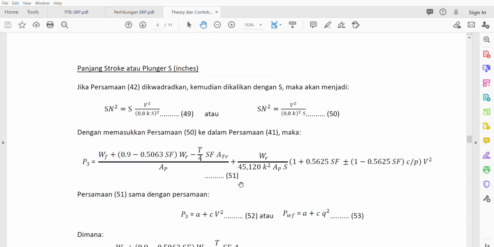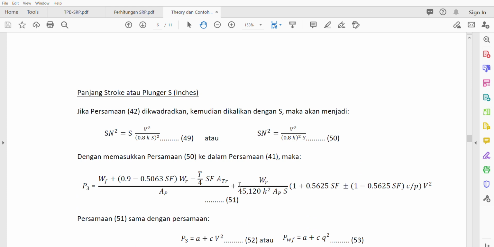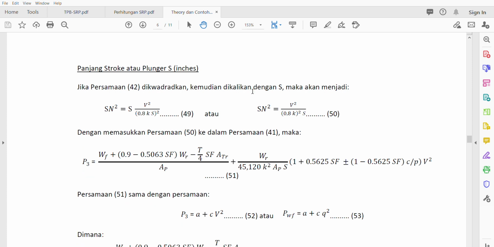So that one is because of the n. Now we talk about the stroke. If you have a certain stroke length s, what is the equation actually? The equation becomes something like this.